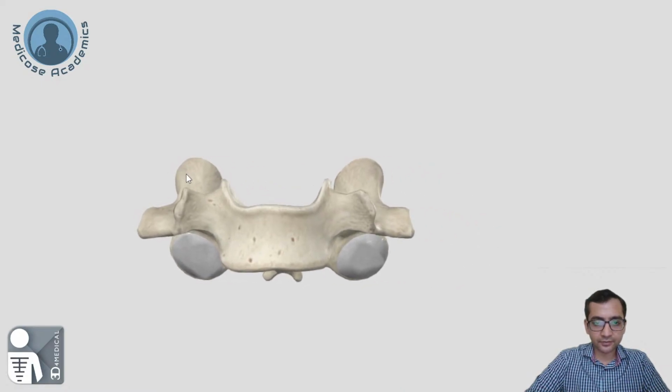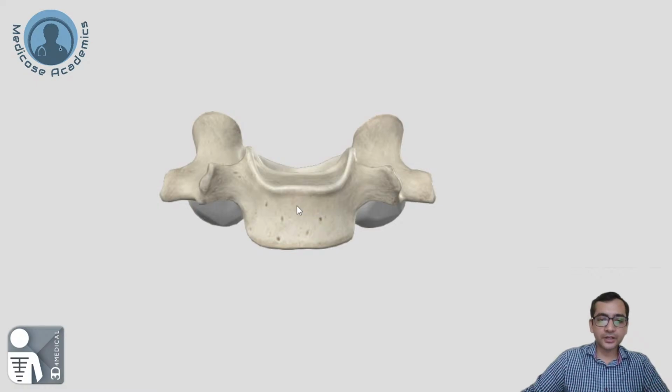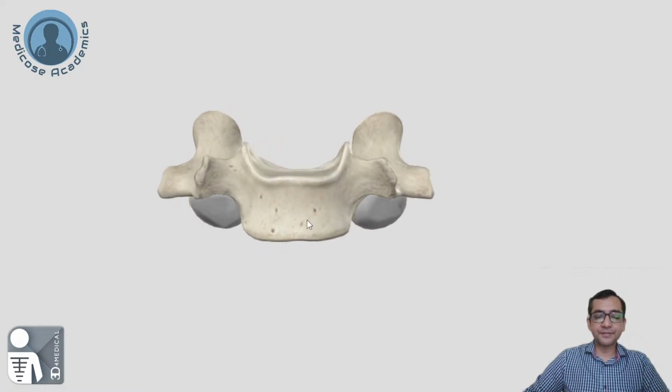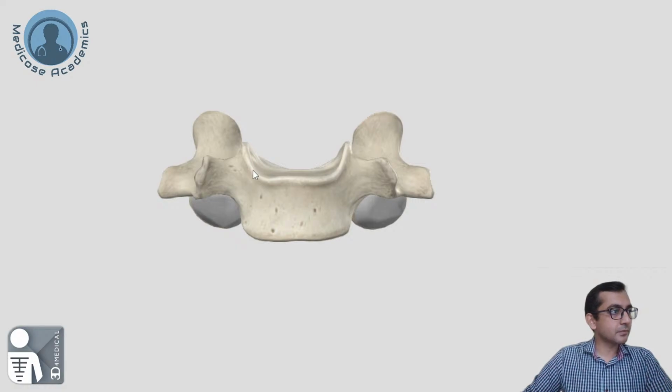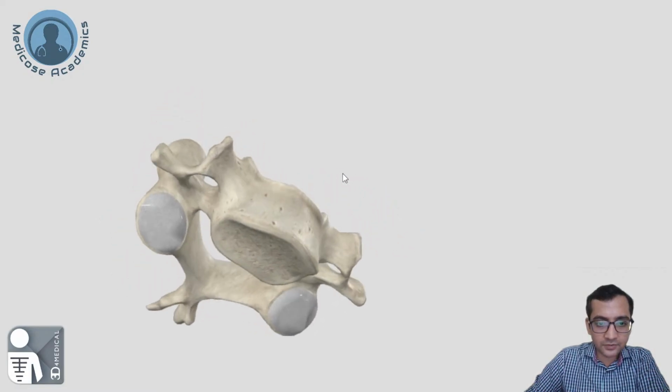Let's look at the inferior surface. The vertebra will have to fit into their counterpart below, so it will have the opposite. It was concave from side to side, so here it will be convex from side to side.